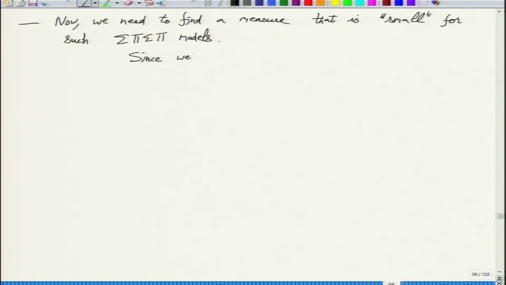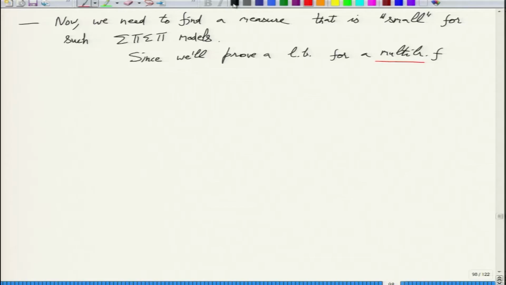Since we will prove a lower bound for a multilinear f, our goal or objective polynomial is already multilinear. So if we impose multilinearity also on the monomials, then the support becomes the degree, right? So this is not in conflict with our final application.